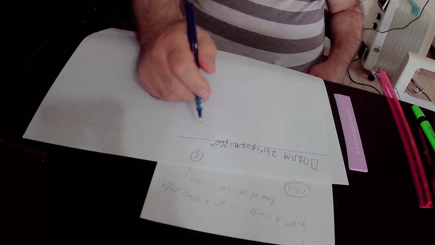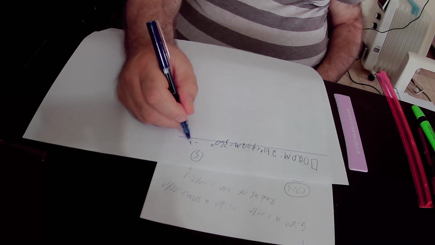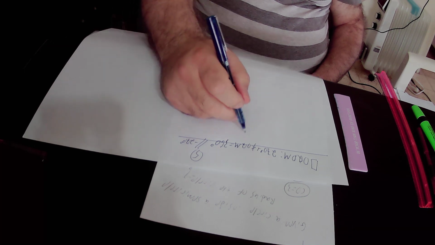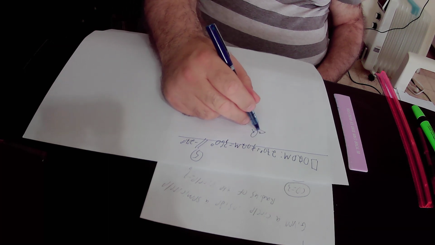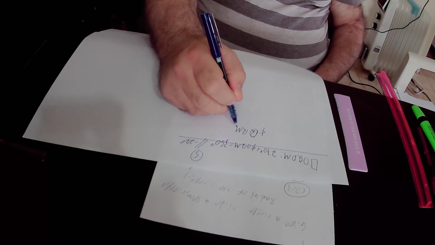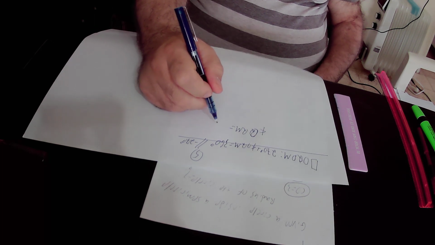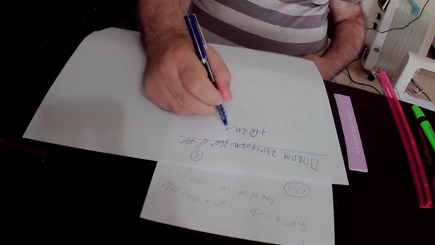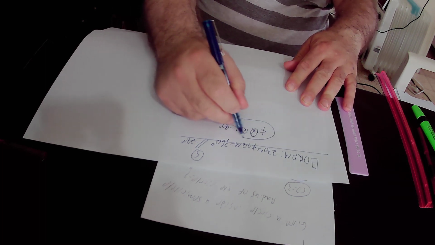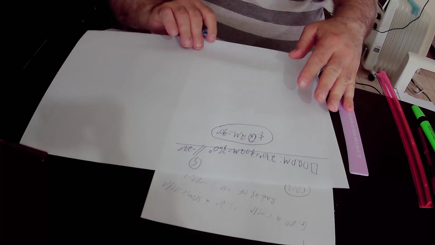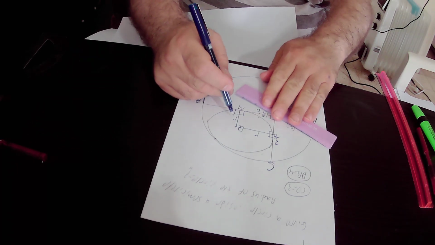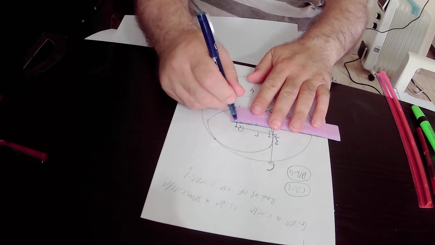Here we'll subtract 270 degrees from this equation, and we'll get that the missing angle OQM is equal to 360 degrees minus 270 degrees, which is 90 degrees. So this angle OQM equals 90 degrees, it is a right angle.